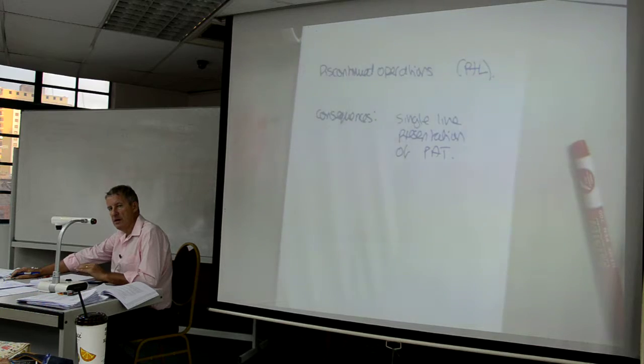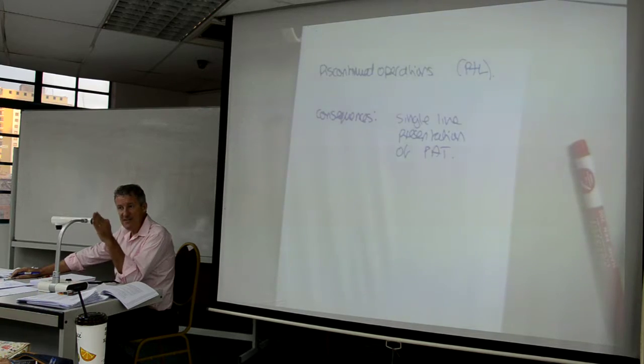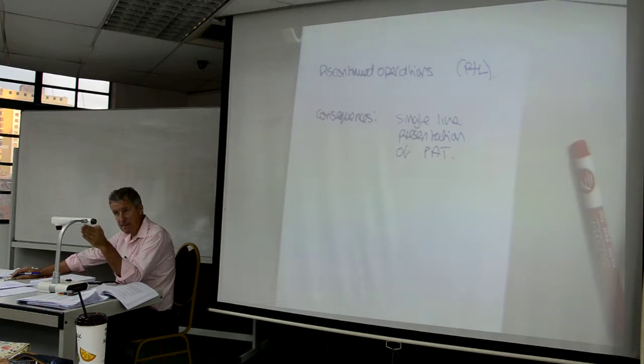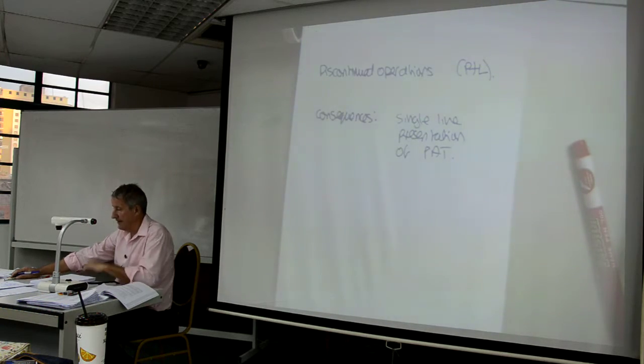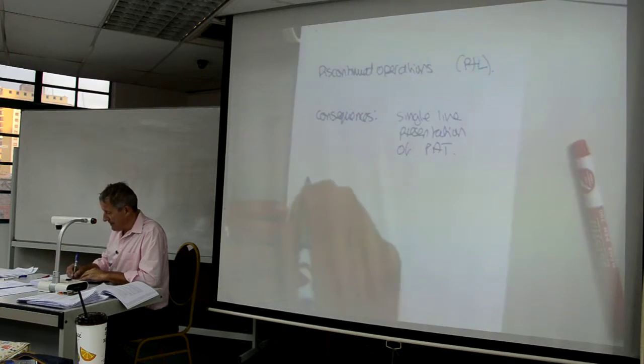No turnover, no cost of sales, no distribution, no admin, no finance cost, no tax. You strip, leaving revenue to be capable of being extrapolated, leaving profit capable of being extrapolated. We'll do an example in a minute, don't worry.